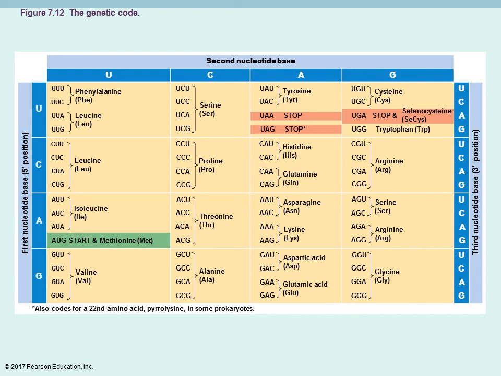One thing that a lot of books in an introductory course don't mention is what is known as the wobble theory. If you notice, not for all of them, but for several of the amino acids, the first and second base are critical for determining what amino acid it is, but that third position, it may not matter.